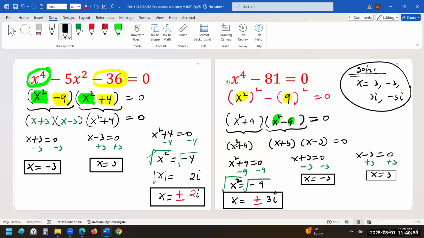And guess what? In the final, you'll have at least one of these. Either from the 4th power or from the other weird looking powers, like 2/3, 2/5, those things. Usually they like the 4th power question. So either they'll give you the left one or the right one.